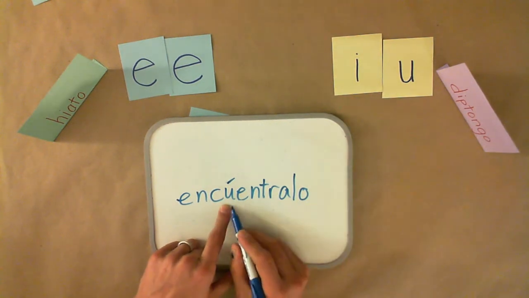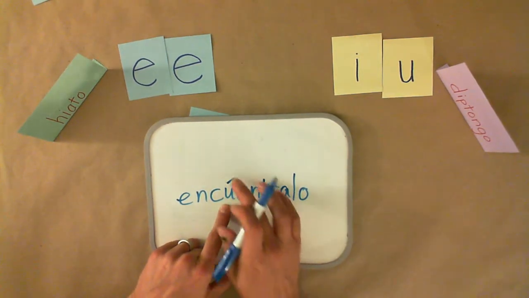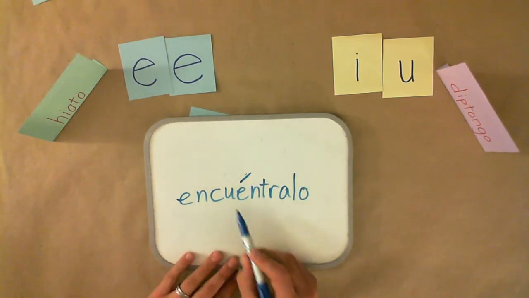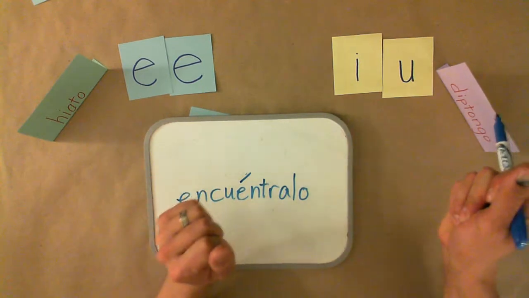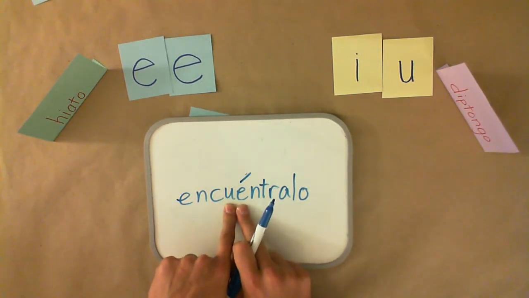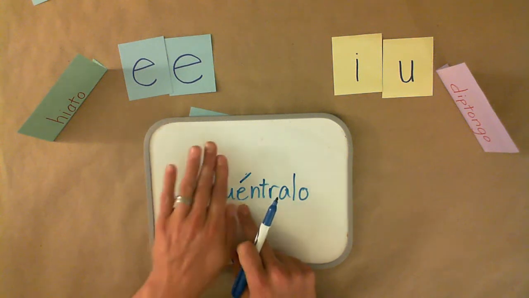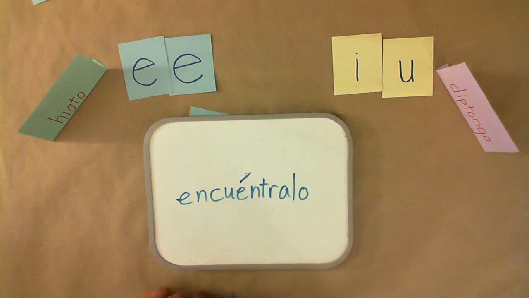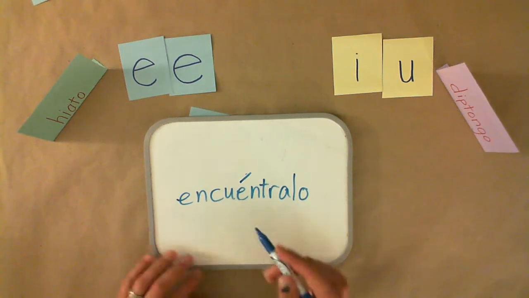But we don't want to say encuéntralo with that break. We want to say encuéntralo. So unless we are breaking apart the diphthong that exists here, we will not mark the weak vowel, only the strong vowel, la vocal fuerte, encuéntralo.